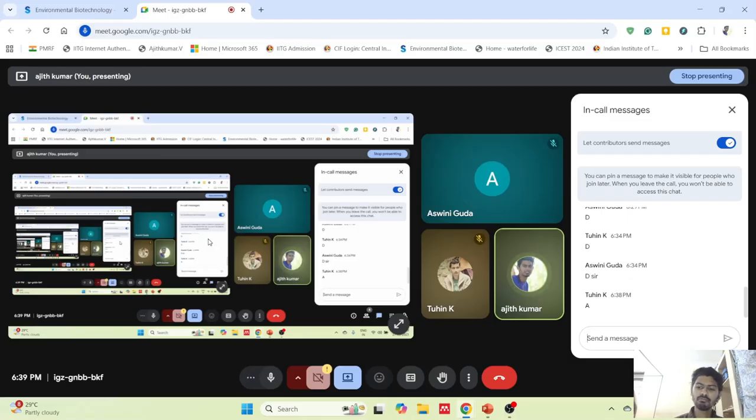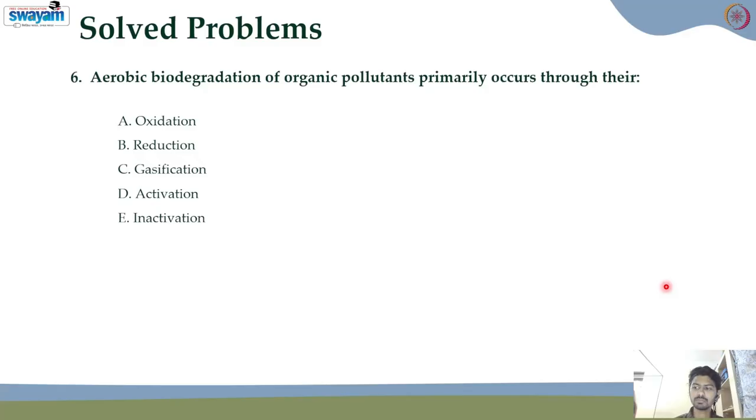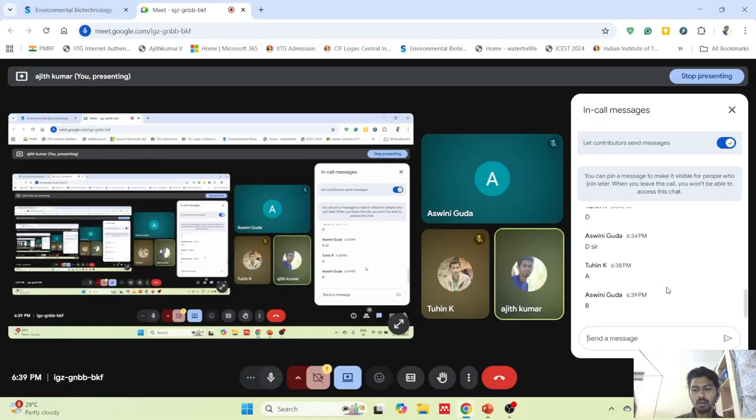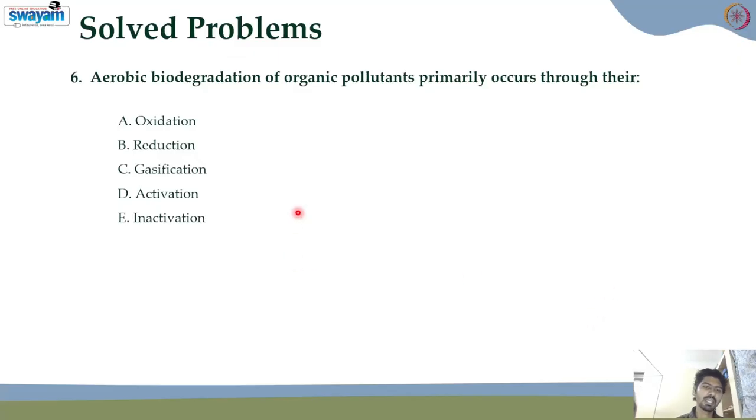Any other answer? Aerobic biodegradation of organic pollutant primarily occurs through option B, reduction. Okay. So now we will see the answer.